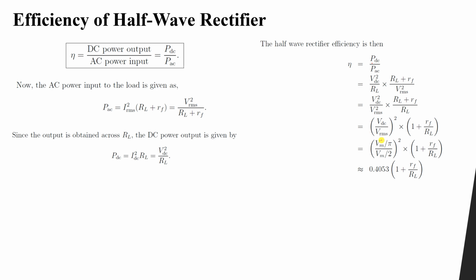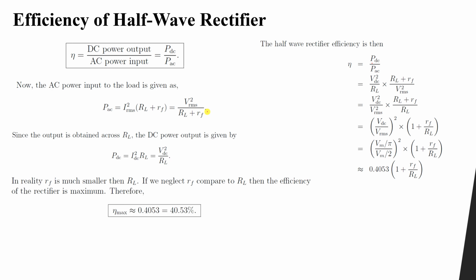VDC is Vmax over pi and VRMS is Vmax over 2. This depends on the circuit we are dealing with. If we get the square of this, we will get 0.4053 multiplied by 1 plus RF over RL.